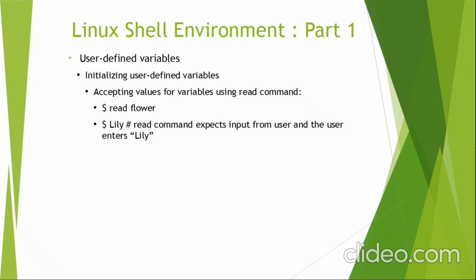But while accessing the value of the variable, for the shell to understand that it is the name of a variable, we prefix the dollar. Otherwise, the shell would not understand that it is a variable and it would be treated as an ordinary string. So when it is echo home, it will display the string home. But if we prefix with dollar, the shell understands that there is a variable called home in the environment.